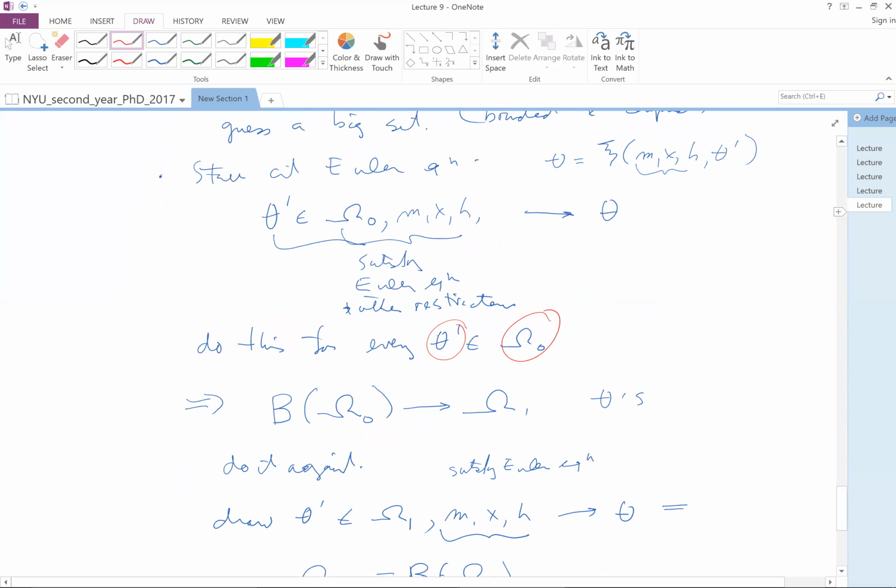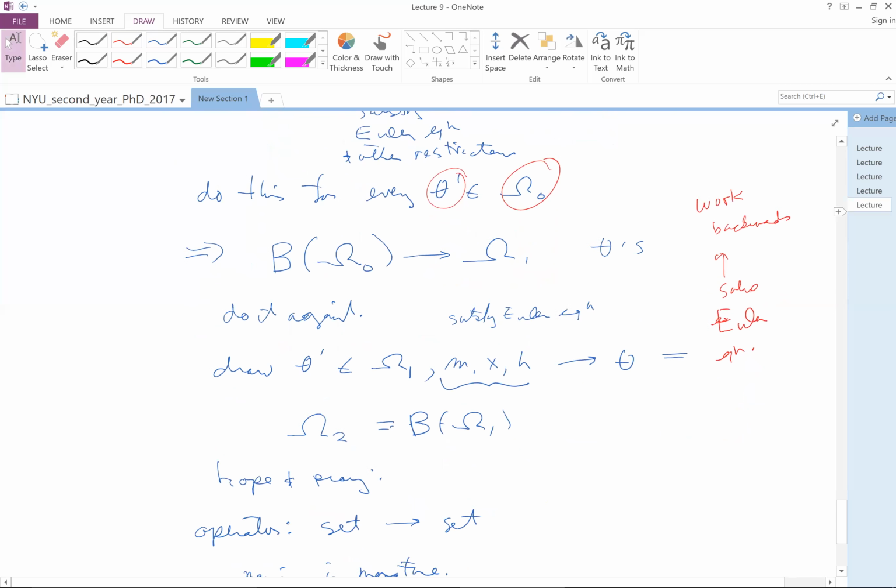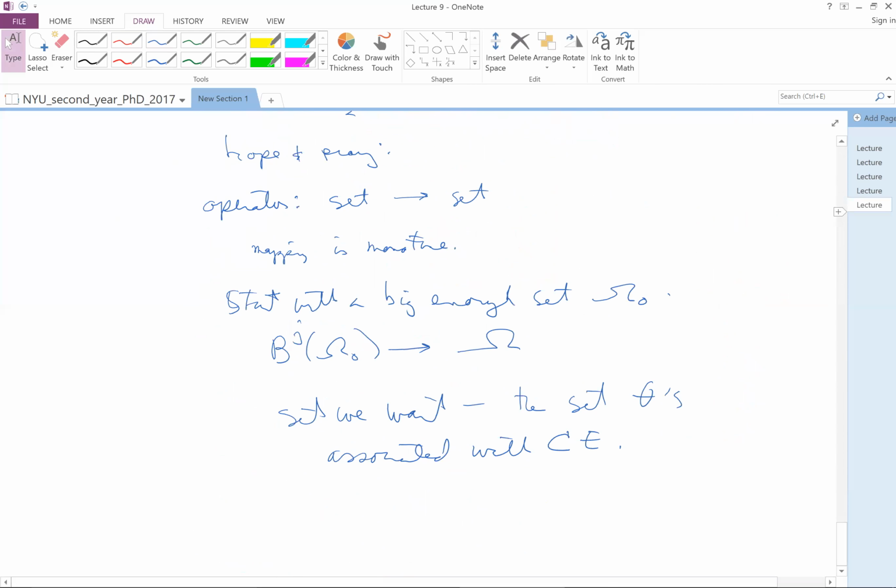And then I'm going to work backwards. I'm going to solve the Euler equation. Okay, now that's what's going on here, and that's the start of Chang's paper.